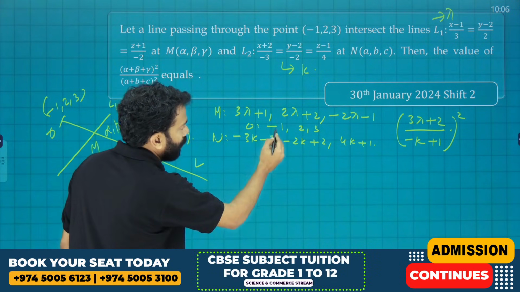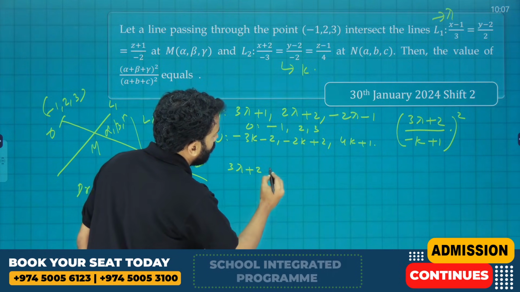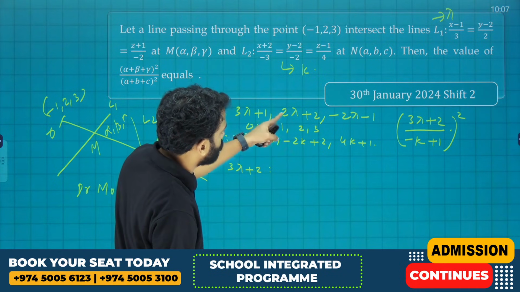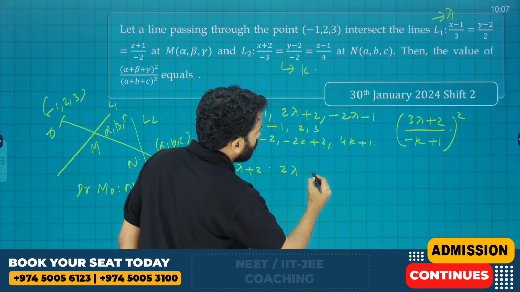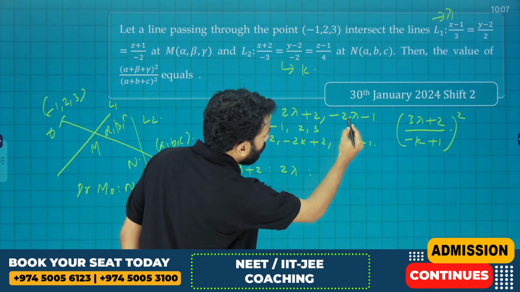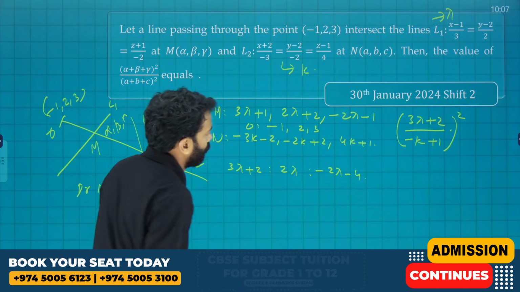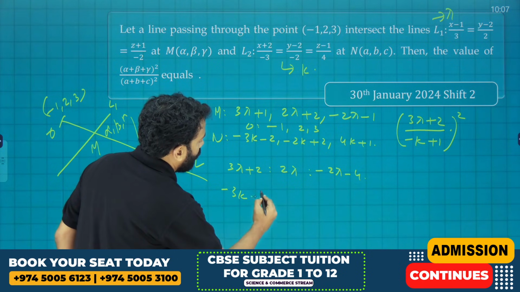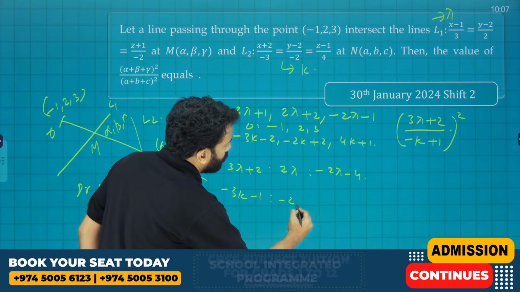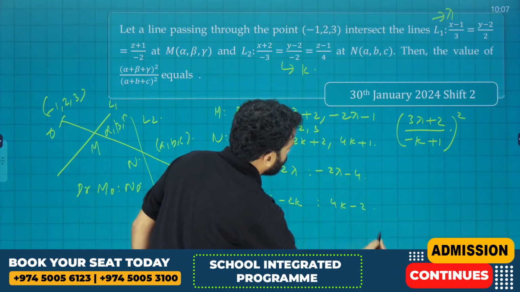That is 3 lambda plus 1 minus of minus 1, that is 3 lambda plus 2, is to 2 lambda plus 2 minus 2, that is 2 lambda, is to minus 2 lambda minus 4. Okay, fine. And this will be minus 3k minus 1 is to minus 2k is to 4k minus 2.